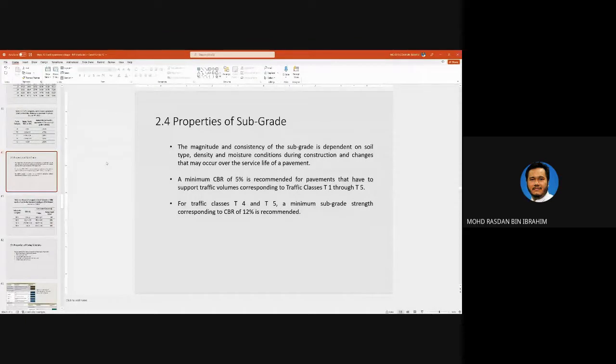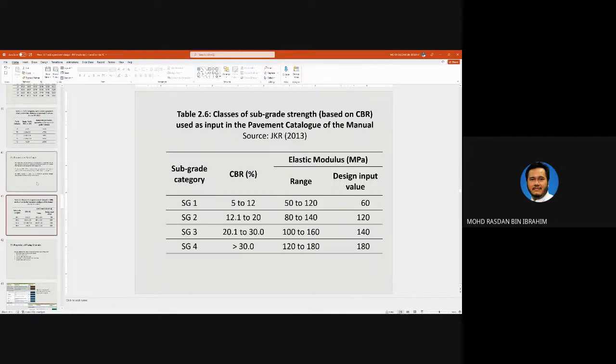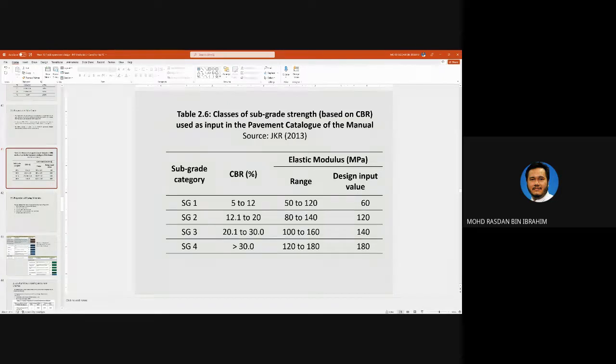Next, you need to estimate the properties of the subgrade. In our class, the CBR value, all of the properties for the subgrade will be given. I will not ask you to analyze geotechnics questions in the highway class. So when you have got the CBR value, you determine the SG, subgrade category.